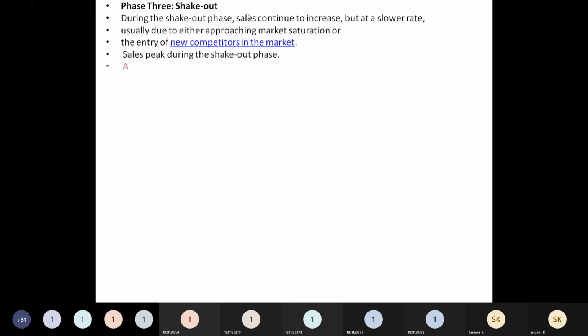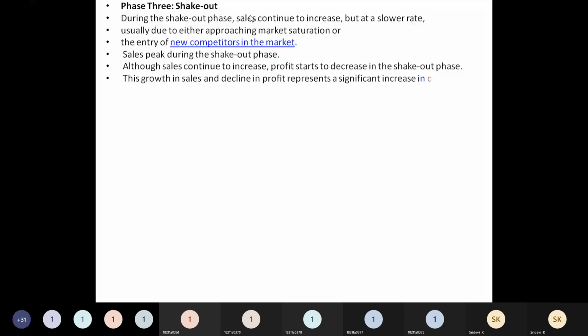At this stage, whatever the sales are, they will be at a maximum level. Maximum sales will be done here. And because the sales increase at a lower rate, automatically the profits also start decreasing, which may lead the business into the next stage, the fourth phase, that is the maturity stage.